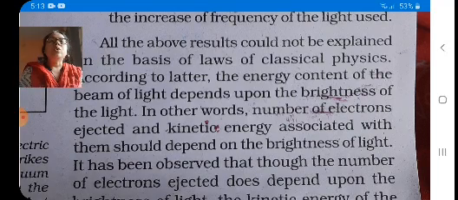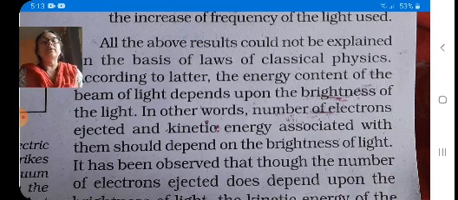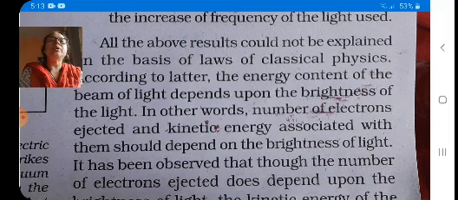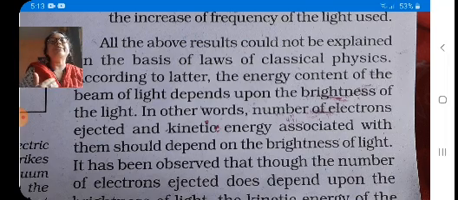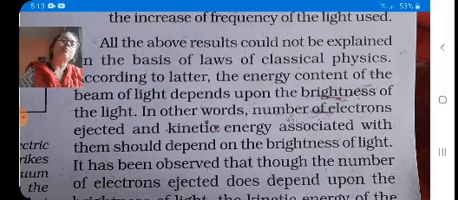not be explained on the basis of the laws of classical physics. According to classical physics, the energy content of a beam of light depends upon the brightness of light. So the greater the brightness, the greater the energy content, meaning the number of electrons ejected will be more if the intensity of light is more.